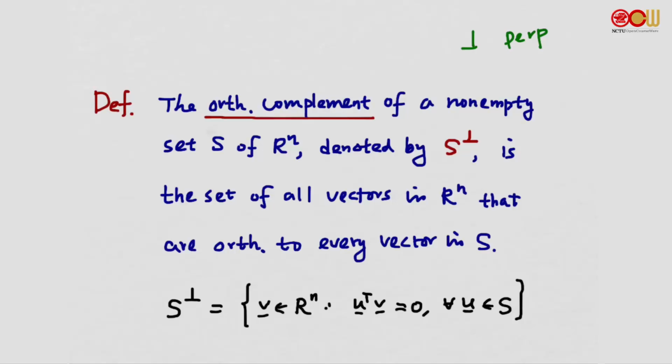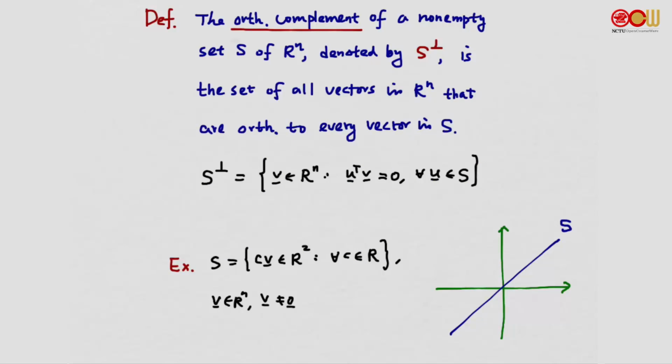It is the set of all vectors in Rn that are orthogonal to every vector in S. We can describe S perp like this. It's the collection of all vectors in Rn such that it satisfies the property that it's orthogonal to every u in S.